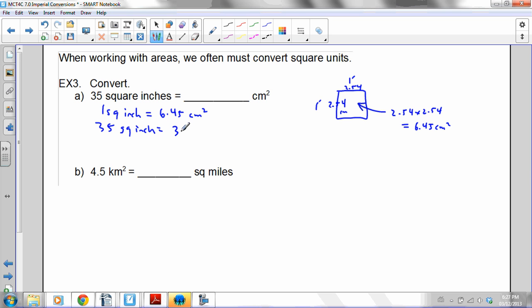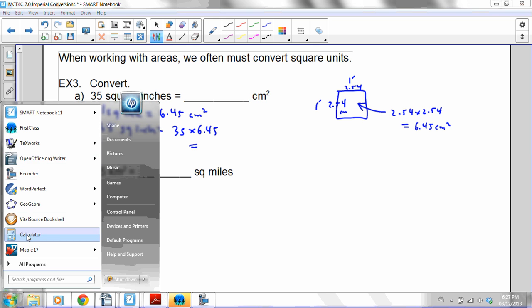So then 35 square inches is 35 times that, right? And we can sort of do this on our own. Where's my calculator? Do I got a calculator?